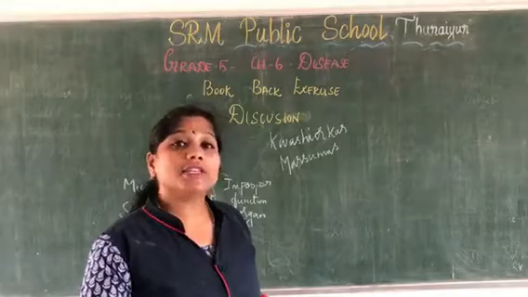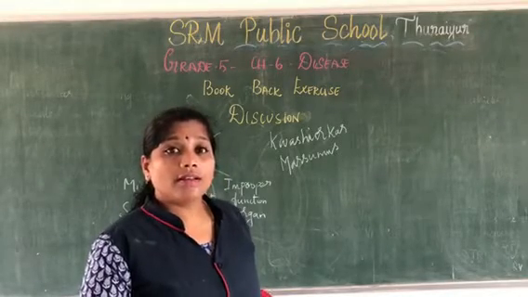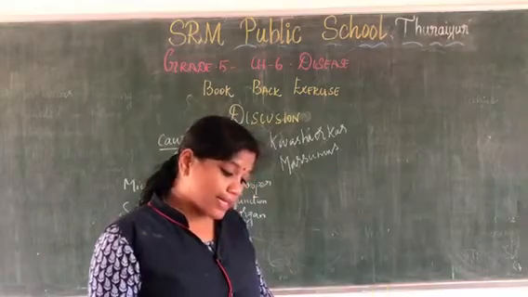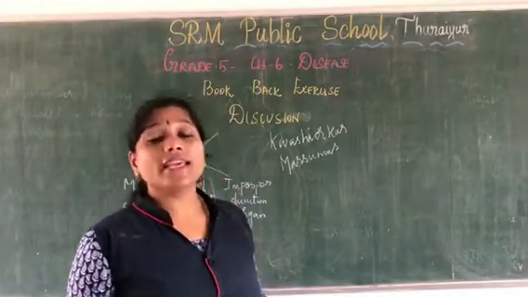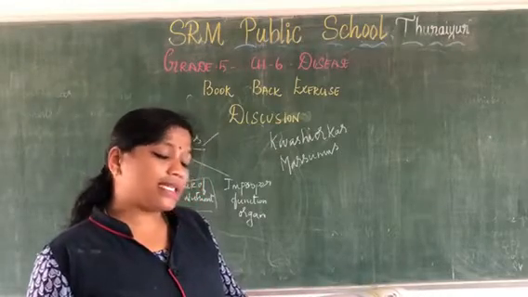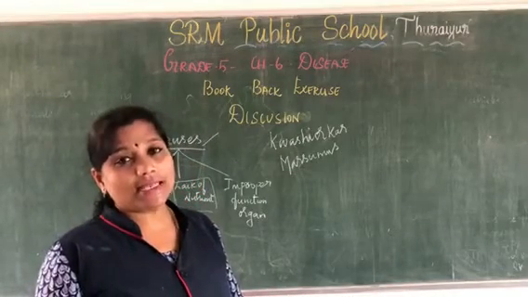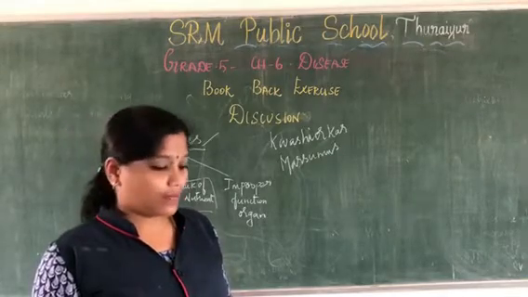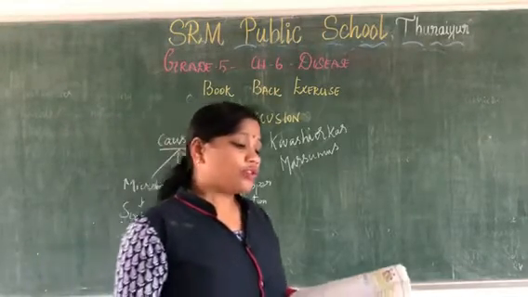So vaccine is a dose of what? Microorganism. Yes or no? Vaccine is a dose of weakened germs. Okay. So what is the role of WBC cells in natural defense mechanism? They fight against the disease causing germs. Clear, all of you?